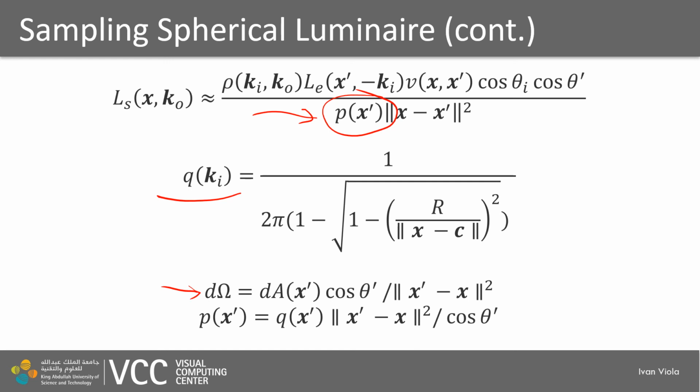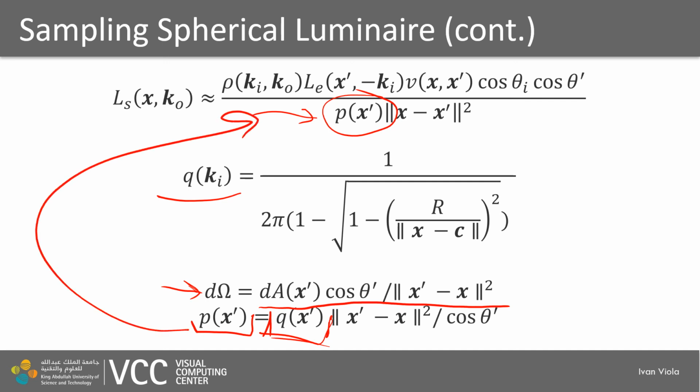We have the correspondence between a spherical angle differential and the areal differential in this formula, and therefore we can simply change our probability density function for the solid angle into the probability density function related to the area, and we can plug this back into the equation in order to calculate the sample with our Monte Carlo integration.